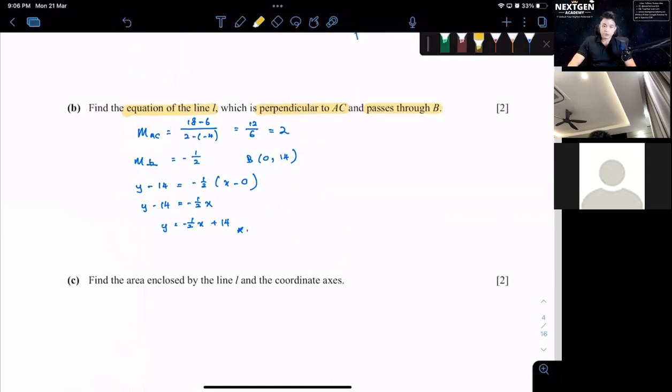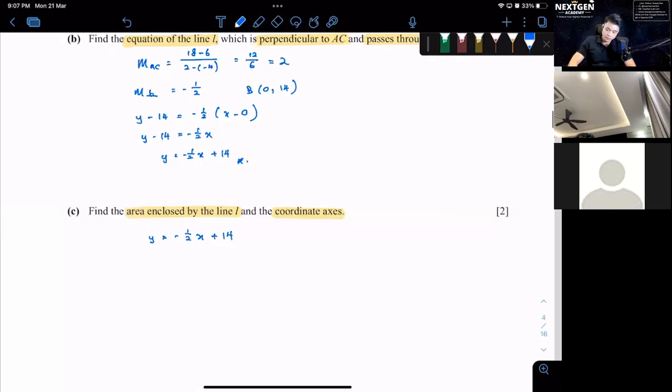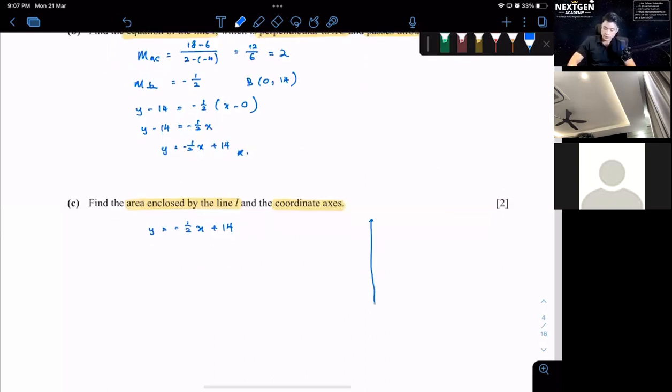All right, next one. Find the area enclosed by the line and the coordinate axes. We know the equation of the line is y equals negative half x plus 14. Coordinate axes means your x-axis and y-axis.